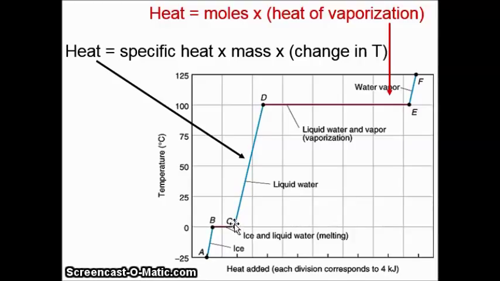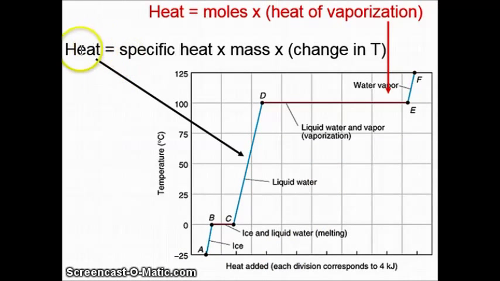Then we have a specific heat of raising the water up to the boiling point. And then we have the heat of vaporization here, so that heat is being applied to vaporize the water. And then when we have water vapor, we can increase the temperature of the water vapor based off its specific heat.